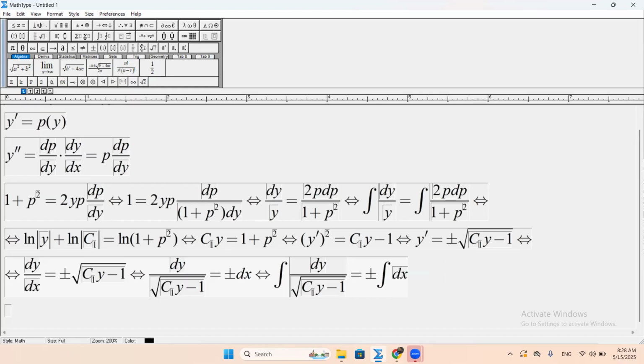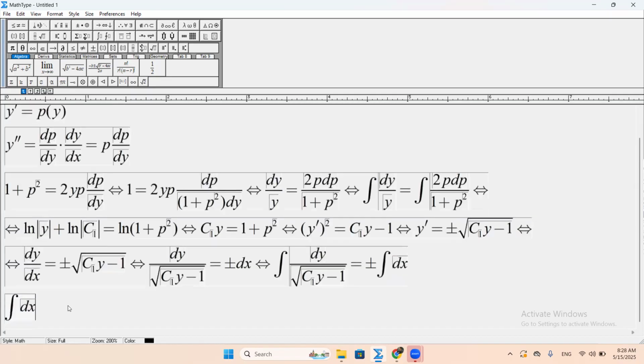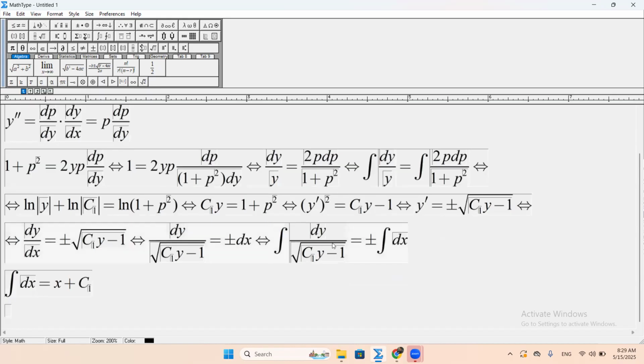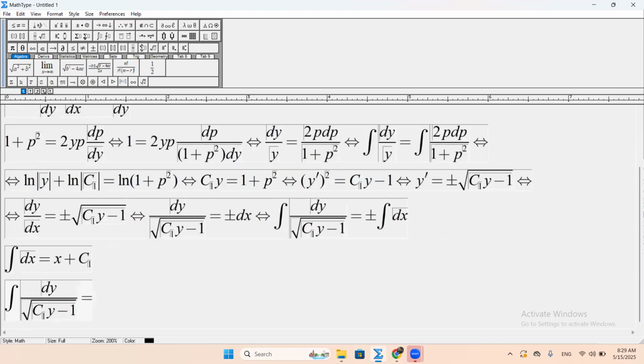Okay. So actually this integral will be equal x plus c1. And what about this integral? Let's calculate it using the table of integrals. So it will be 2 square root of c1 y minus 1, divided by c1, 2 over c1.